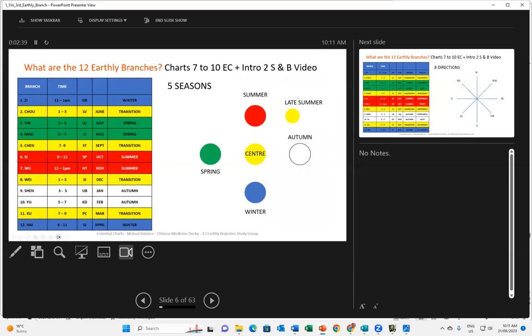We've also got the 5 seasons, so the color correspondence is here. We can see that winter is the Zi Gall Bladder and the Sanjiao Hai branch, and also the transitional branch of Chou, liver, from 9 p.m. through to 3 a.m. These are the branches representing winter.